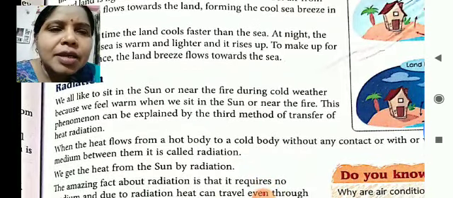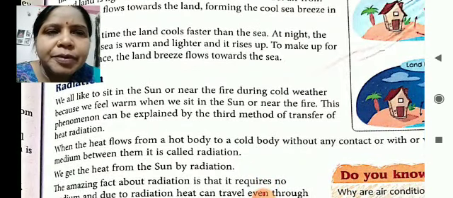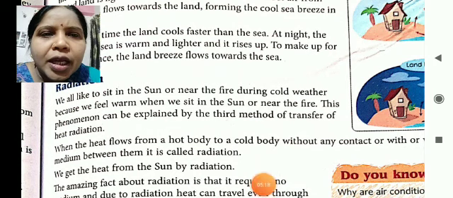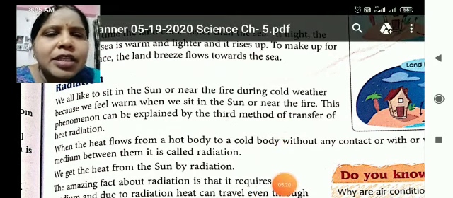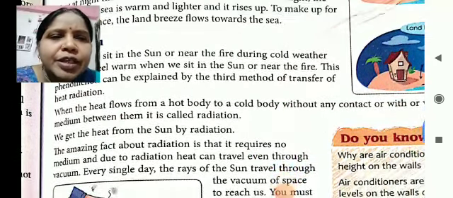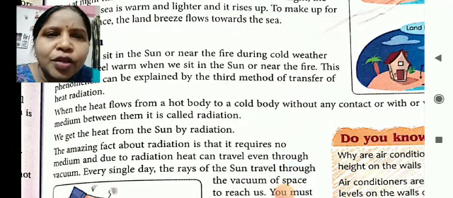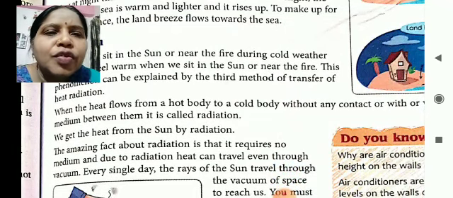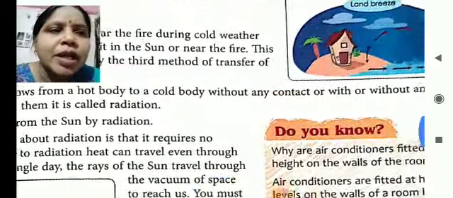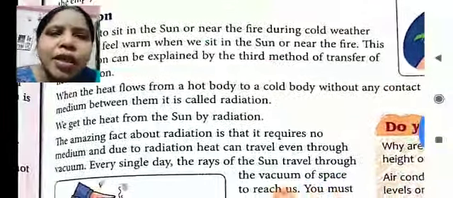The next mode of heat transfer is radiation. Radiation is the transfer of heat when the heat flows from a hot body to a cold body without any contact, with or without any medium.